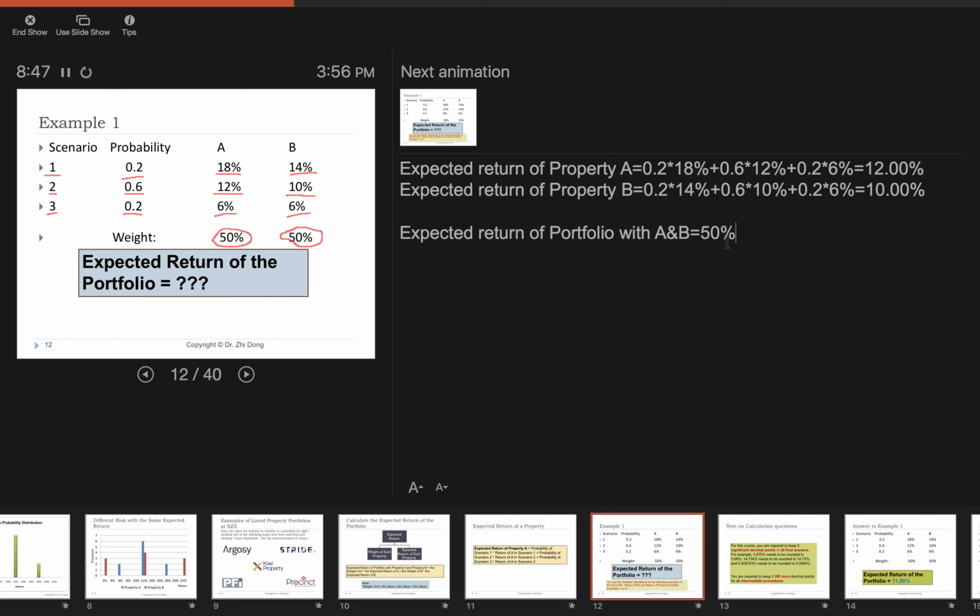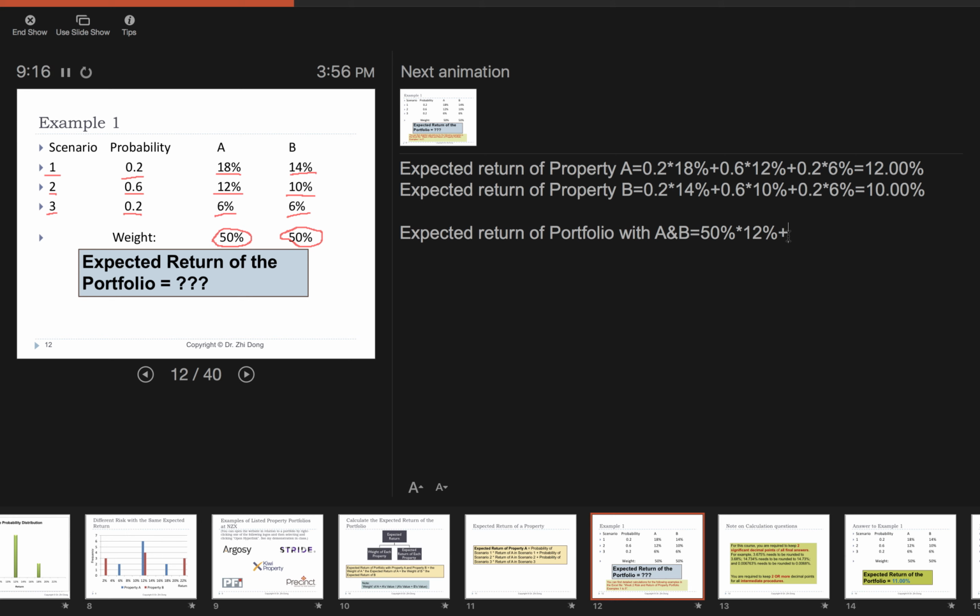So 50% times property A's expected return, 12%, as I highlighted here. This term, 50% times 12%, just shows us the contribution from property A towards this overall portfolio return.